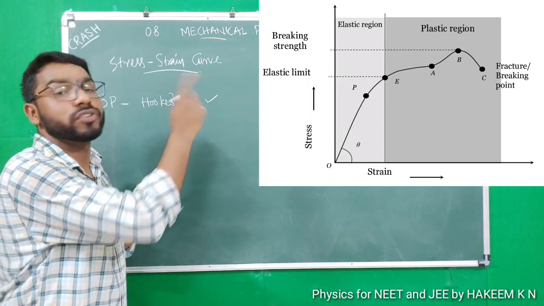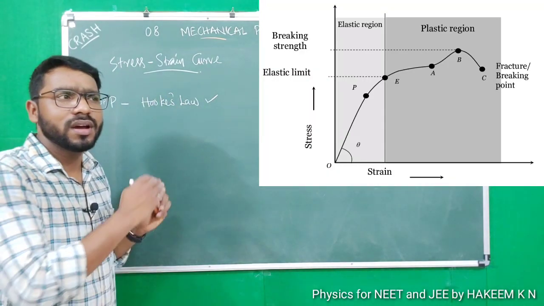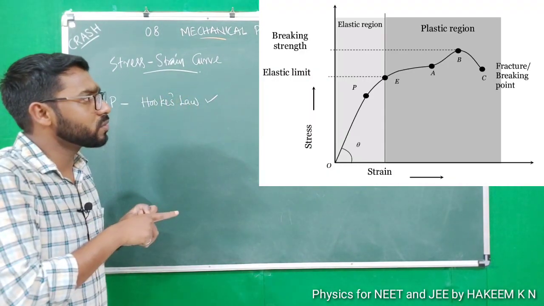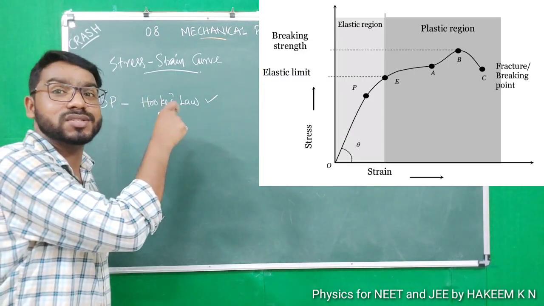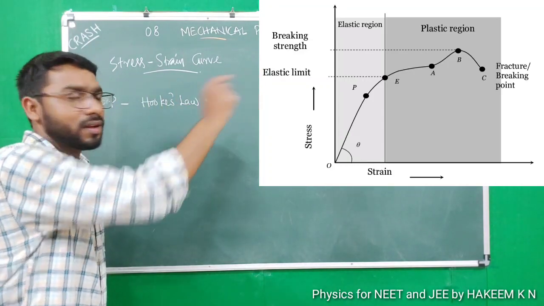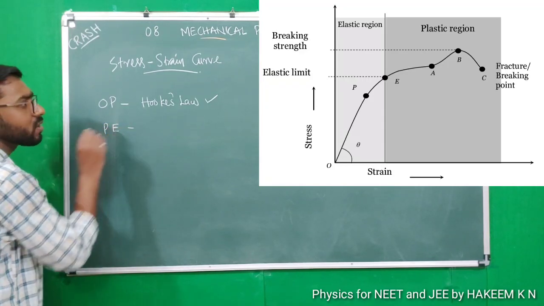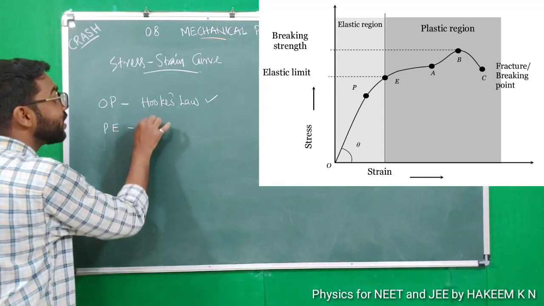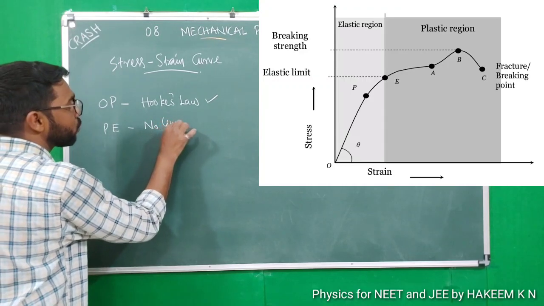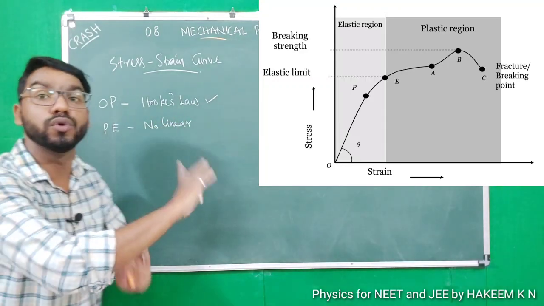P is the proportionality limit. But after that also the body shows elasticity up to E. PE is also an elastic region but not linear. That means that portion does not come under Hooke's law.